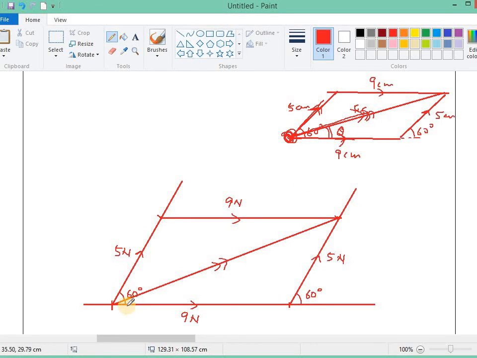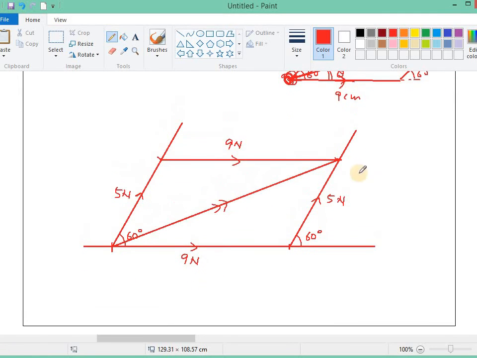Okay, so this length we can get by measuring using the ruler. We just put the ruler on our scale diagram, and then we can measure. Okay, so we can get 12.3.